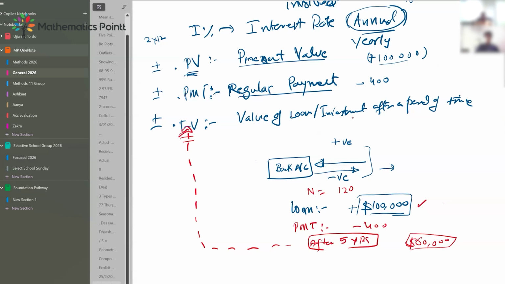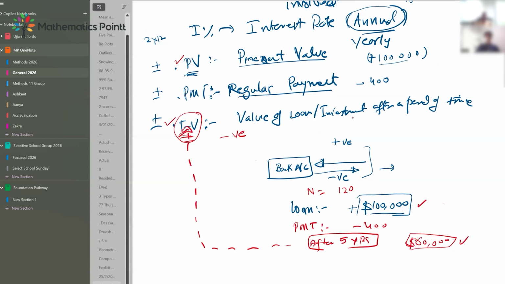Still outstanding, ready to go out in the next 5 years. So FV will be a negative value. You will get an FV to be a negative value if you're trying to calculate the future value after 5 years. So always remember your PV and your FV will always be opposite signs.